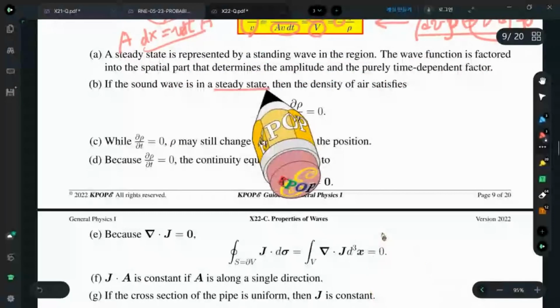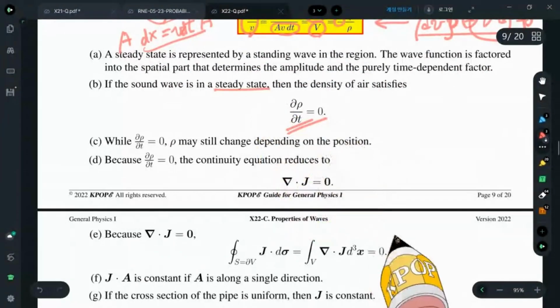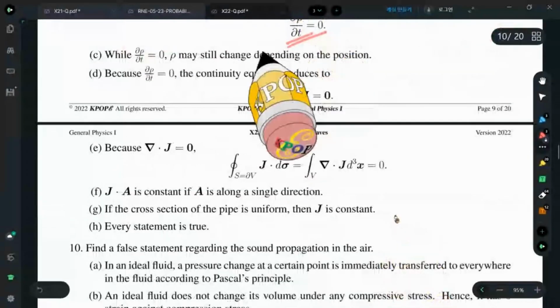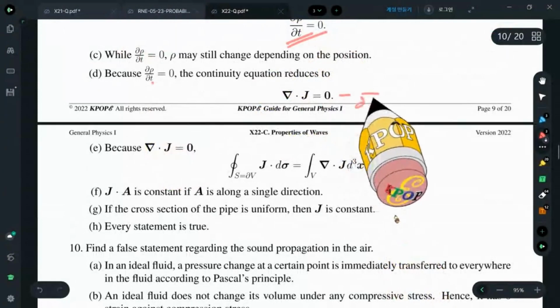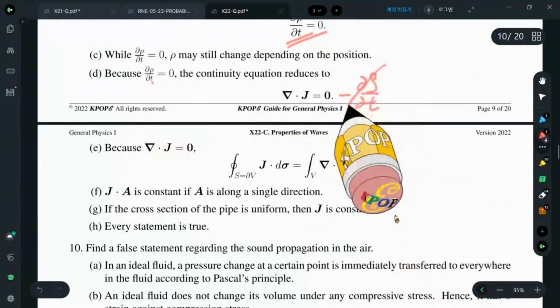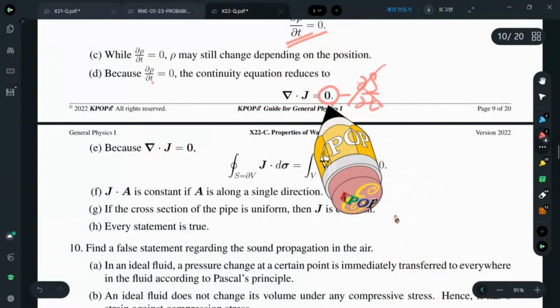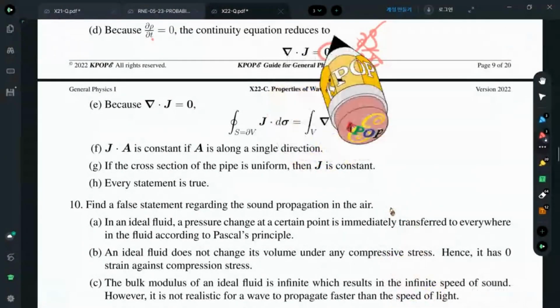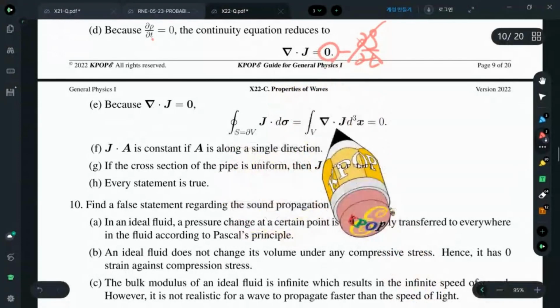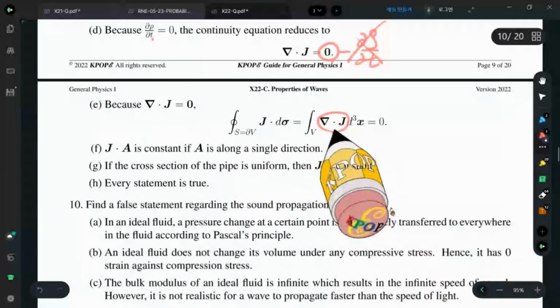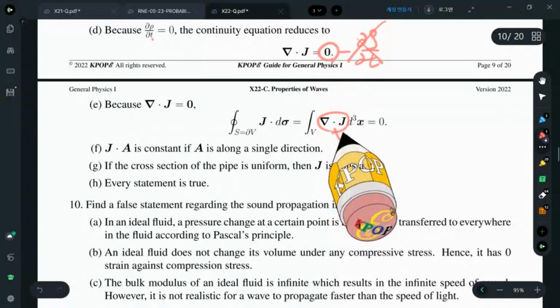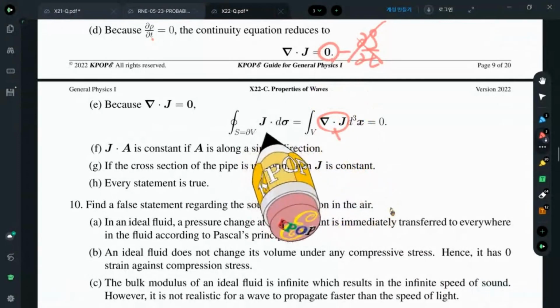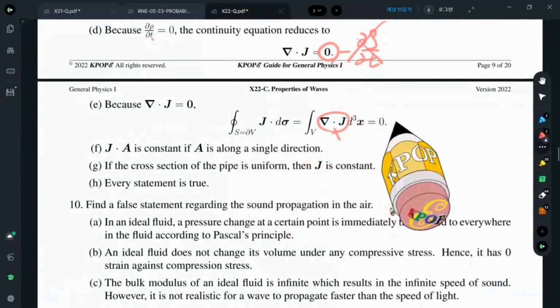Again, steady state, time independent. Because of this, the continuity equation is simplified. And when the divergence equals 0, the divergence theorem states that this integrand is 0, so the surface integral is also 0.